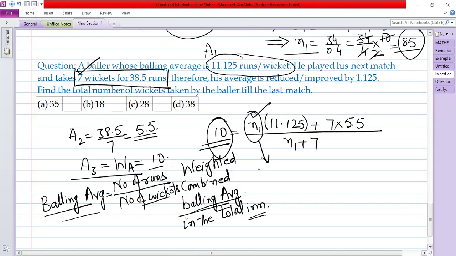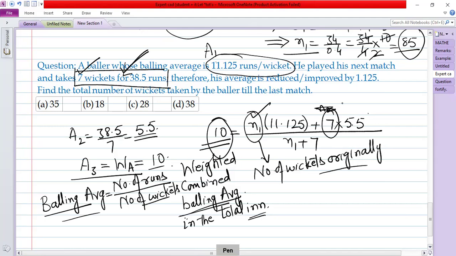N1 is the number of wickets taken originally, means before this last match. And this is N2, the number of wickets taken in the last match.